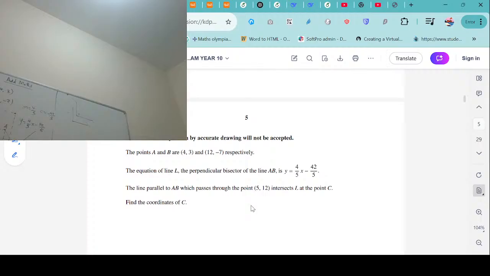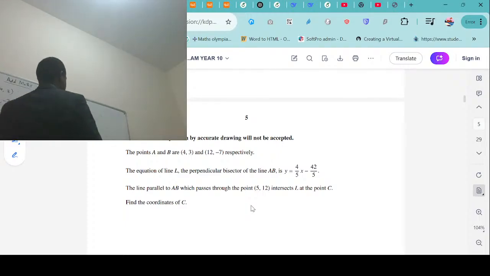But there is a condition about two lines that are perpendicular to each other. The condition says that when you have two lines that are perpendicular, the product of their gradients is always -1. So let's try and find the gradient of this other line.